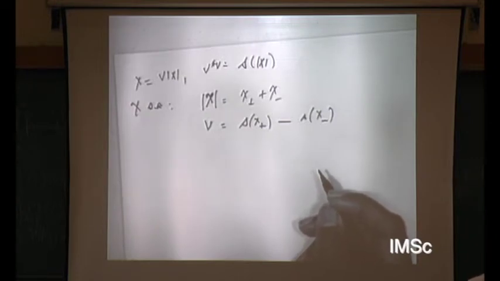On the support of x plus, v is going to be plus 1. On the support of x minus, v is going to be minus 1.